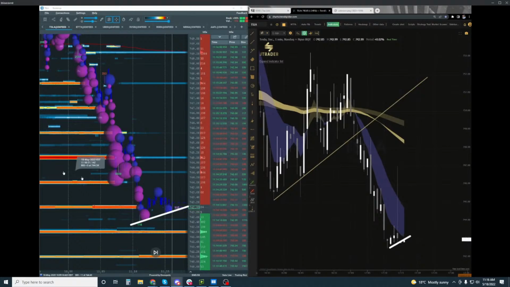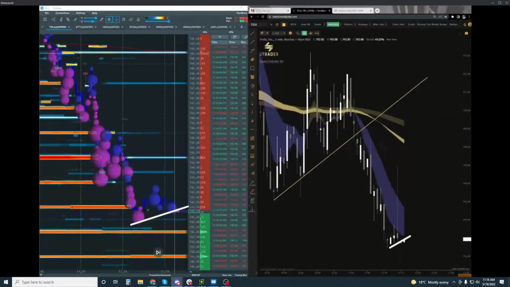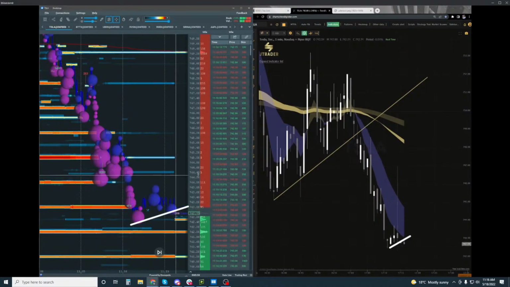High chances over here for a breakdown. We need to get this 42.80. There we are. So you can see they started to pop, and then right away we had a seller. So possible dump over here to the 742 right now.